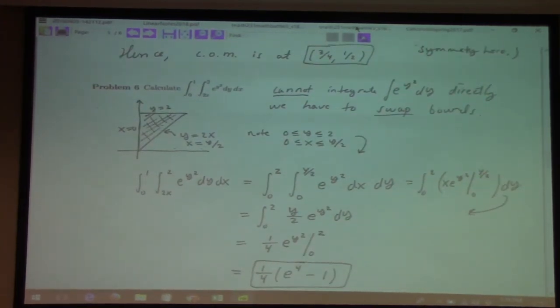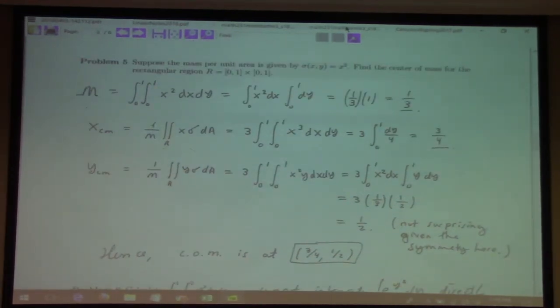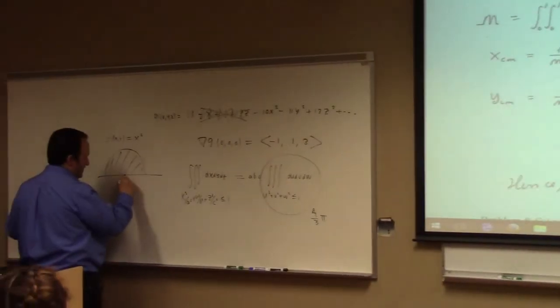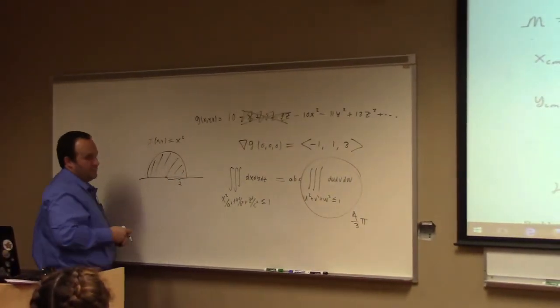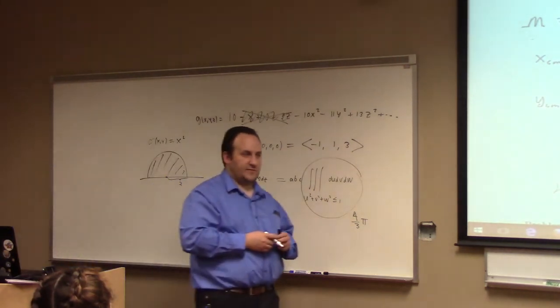By the way, a lot of times, this problem, what if I had told you sigma of xy equals x squared, great, but your region was this? What would you have done then to find the center of mass of that half circle?